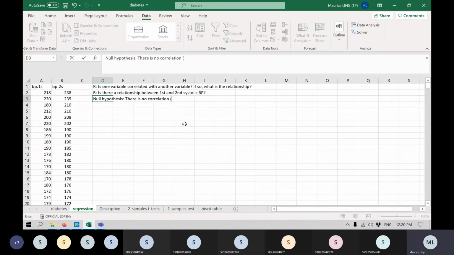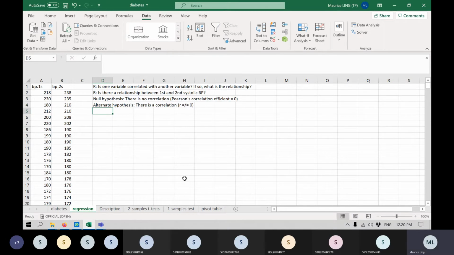No correlation means that your Pearson's correlation coefficient equals 0. The alternate hypothesis is that there is a correlation. It means that your Pearson's correlation, which is your R, is not equal to 0, negative or positive.